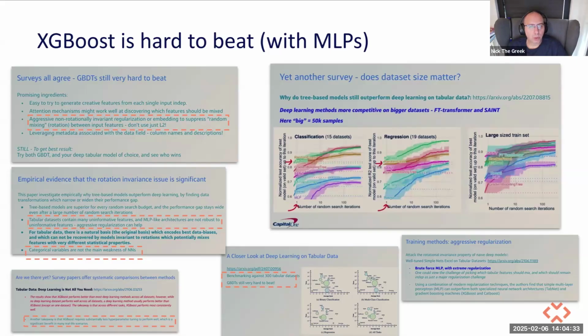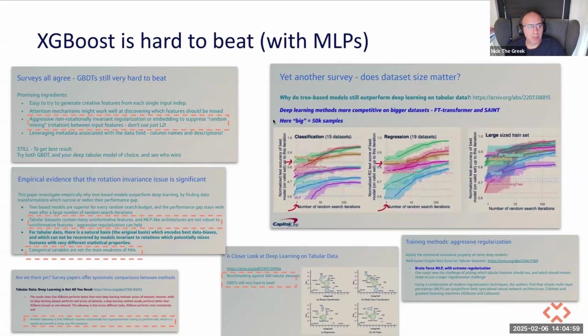Okay, so we start comparing shallow models like XGBoost, which is kind of the king or queen of predictive models, with MLPs. And it's kind of day and night. You can see here random forest and XGBoost beating almost everything in different tasks.